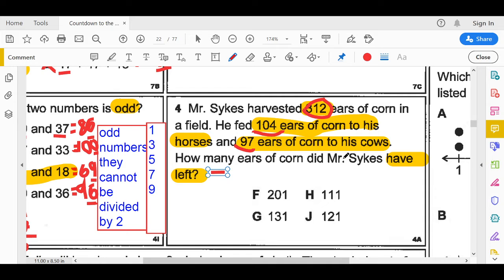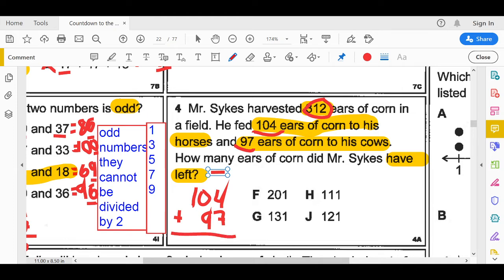Okay, so that was the original number, 312. What I can do is subtract 312 minus 104 and then minus 97. Or another thing that you can do, that is what I'm going to be doing now, is first I'm going to put these two numbers together. It means I'm going to add them. 104 plus 97.